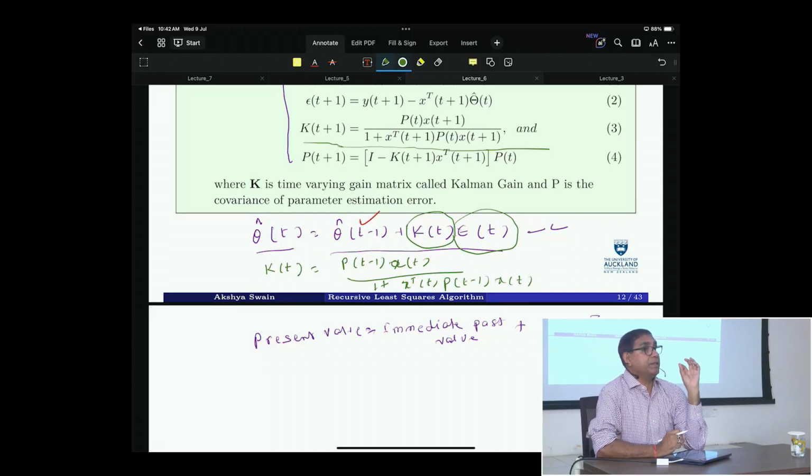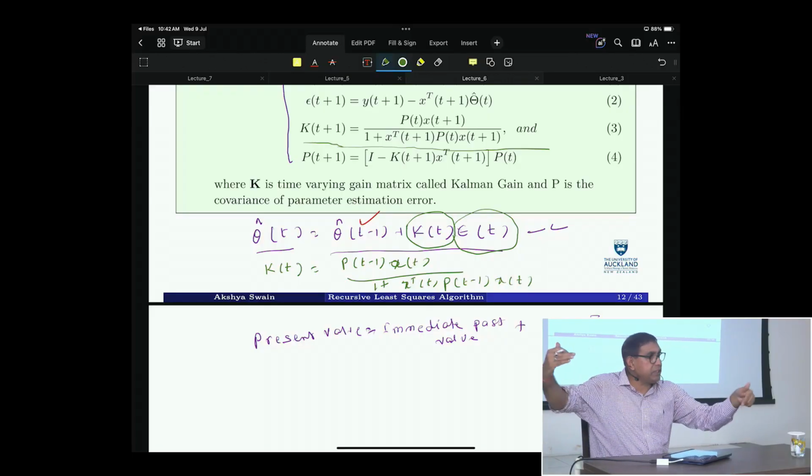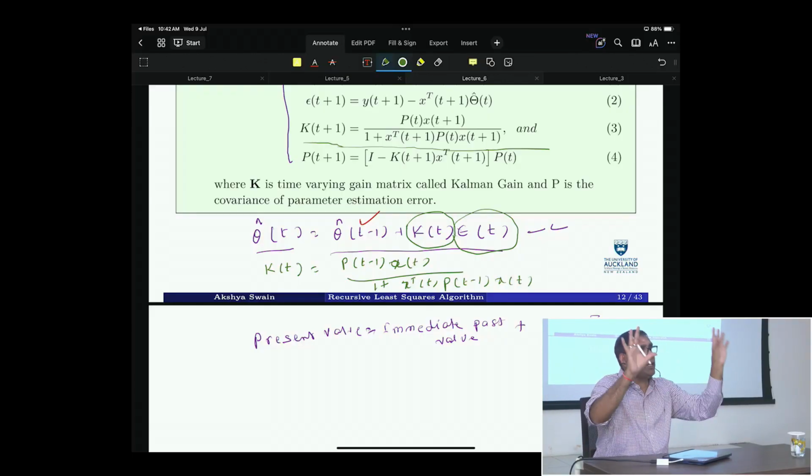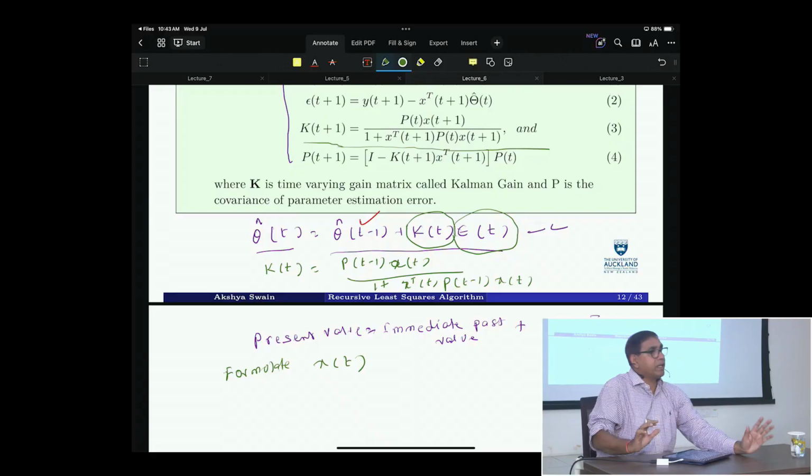What is xt? xt, that is phi t. That is the observation vector. So you are at time t, you are observing the signal. So xt you can formulate, because we are at time t.